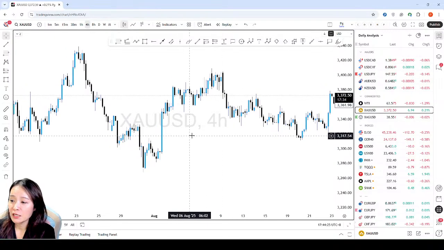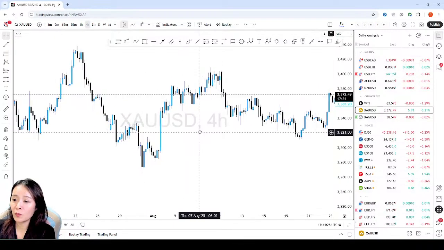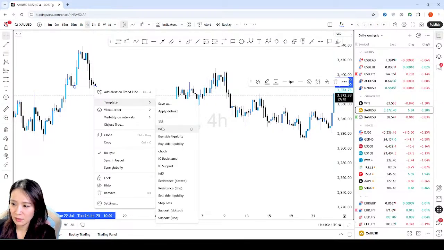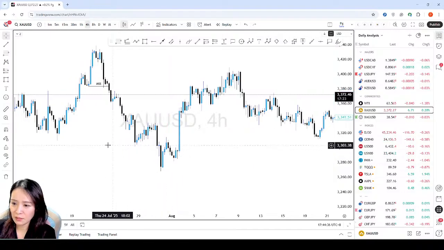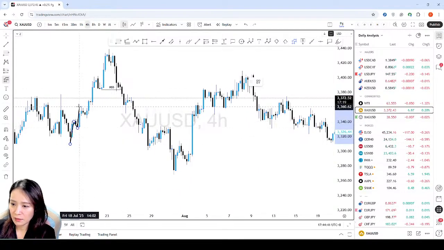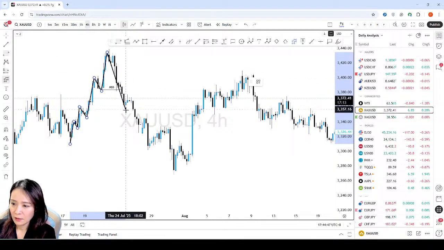Anyway, okay, if we look at market structure based on what we can see here, this is our market structure shift on the higher time frame, right? Meaning that price from here made a higher high, higher low, higher high, higher low, higher high, and then a lower low, lower high, right?